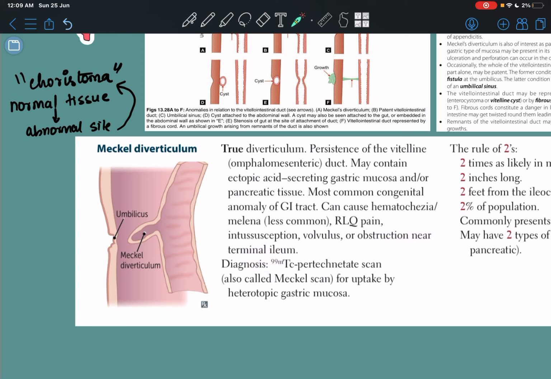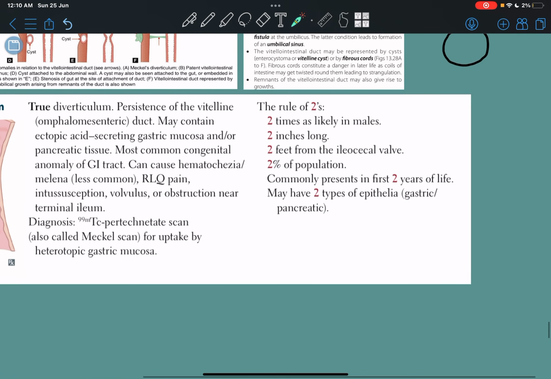So this is all of the stuff. Diagnosis, I haven't read yet, so I have no idea, but for now I'm going to remember it's called a Meckel scan, a technetium pertechnetate scan. That's all for now.